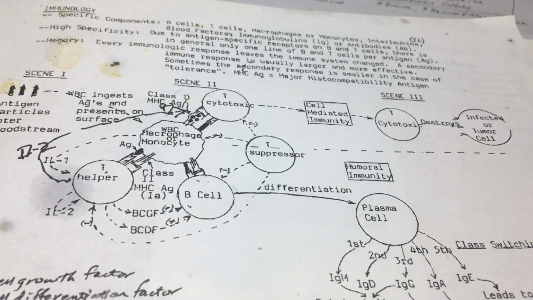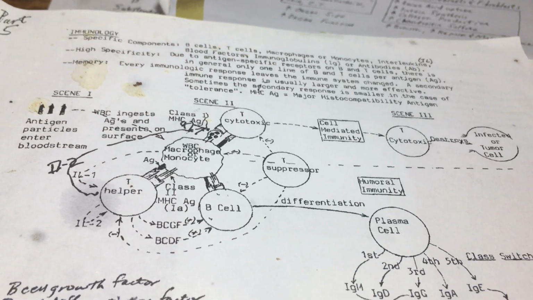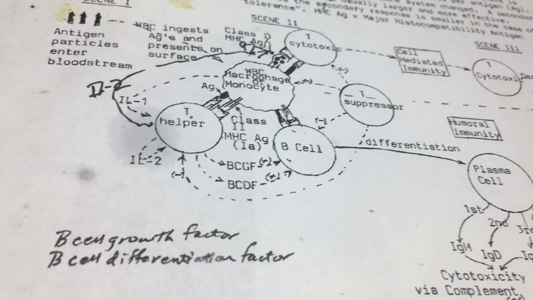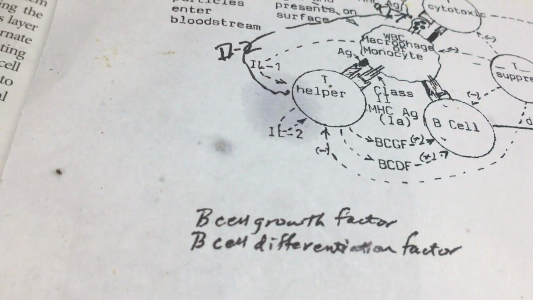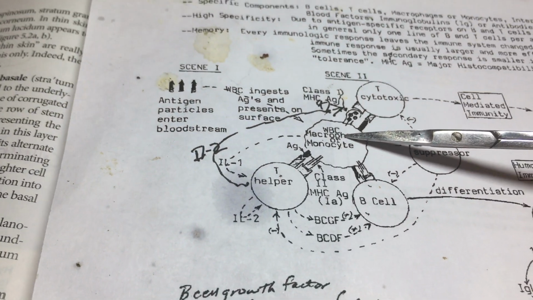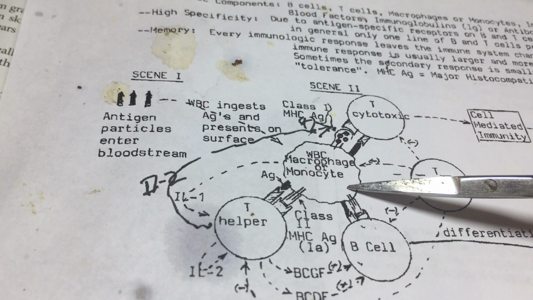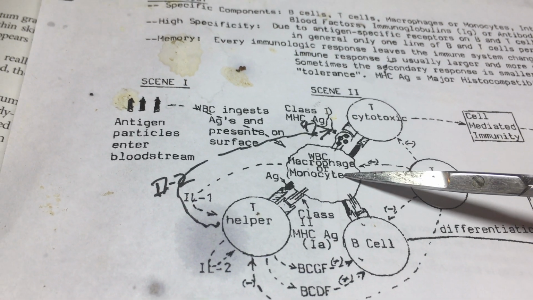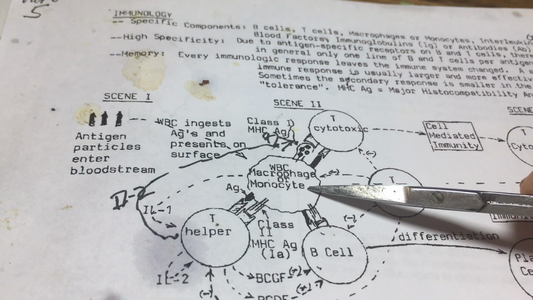An immune response means ultimately that this particular cell here has, let me find my pointing tool. Okay, this particular cell here is a macrophage or a white blood cell, also known as a monocyte. It eats debris, including pathogens.